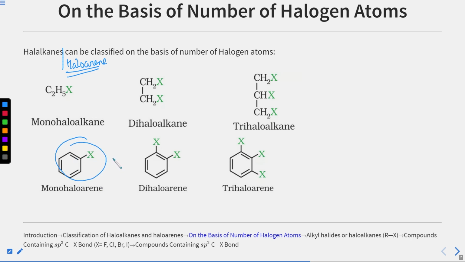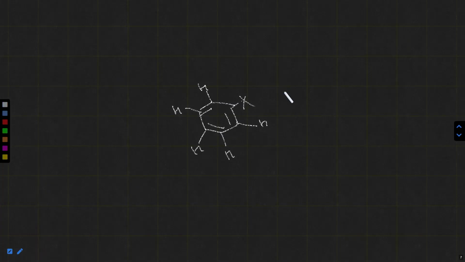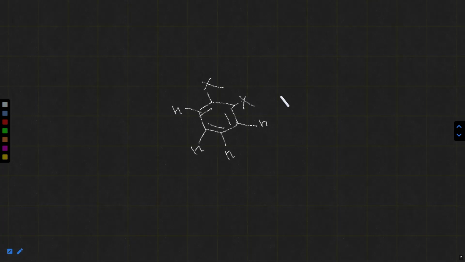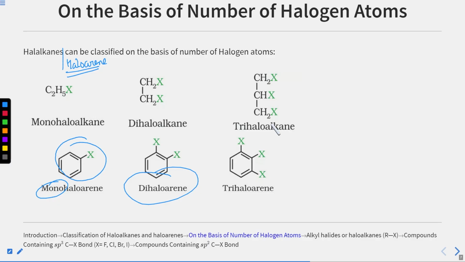Since one of the hydrogens is replaced, we call it monohaloarene. Now if two hydrogens are replaced, like if we replace this one also, then it will be termed as dihaloarene. And if we replace 3 of them, then we term it as trihaloarene. Is it clear?